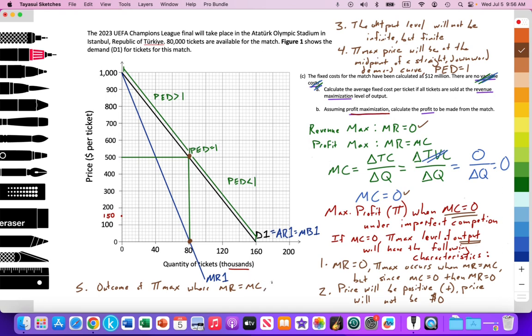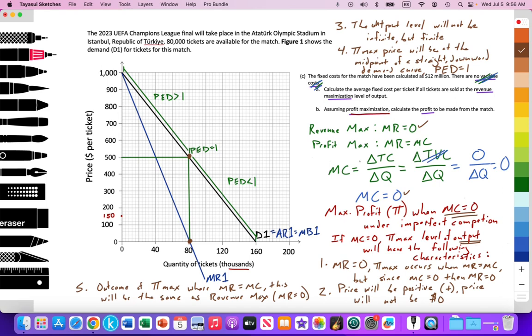This will be the same as where revenue maximization occurs. And that occurs where MR equals 0.